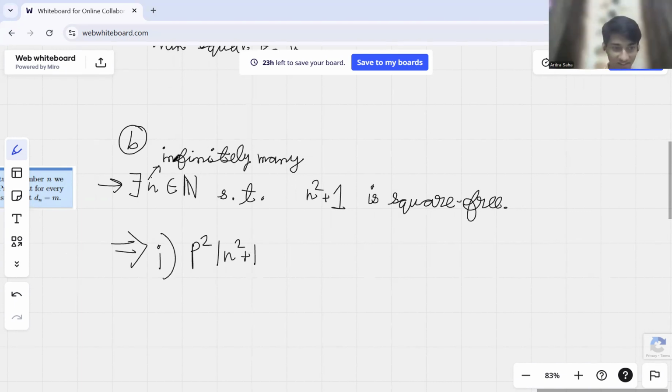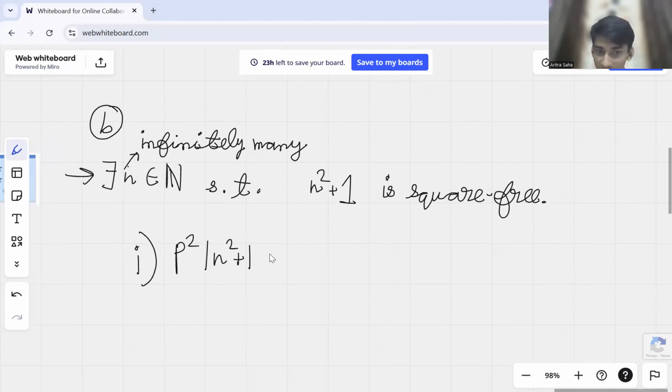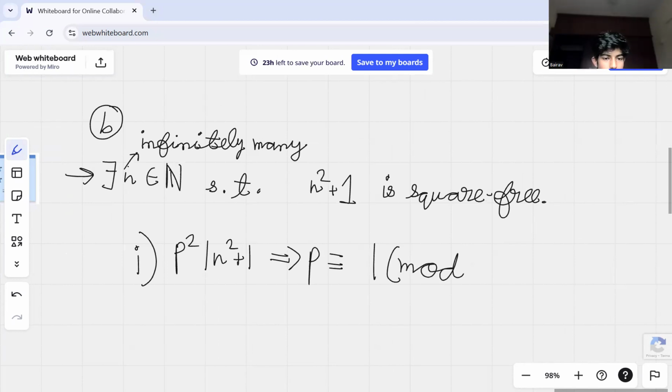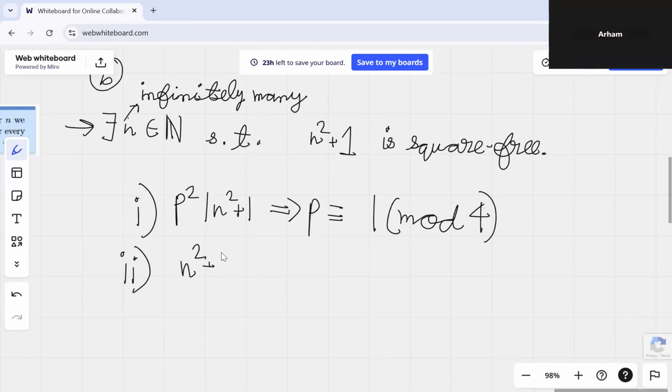Exactly. Great. Wait, what did you say? I'll explain. Bhairav can tell. He's saying that if p squared divides n squared plus 1, then n has to be one of only two values mod p, or mod p squared in fact. Right, that makes sense.